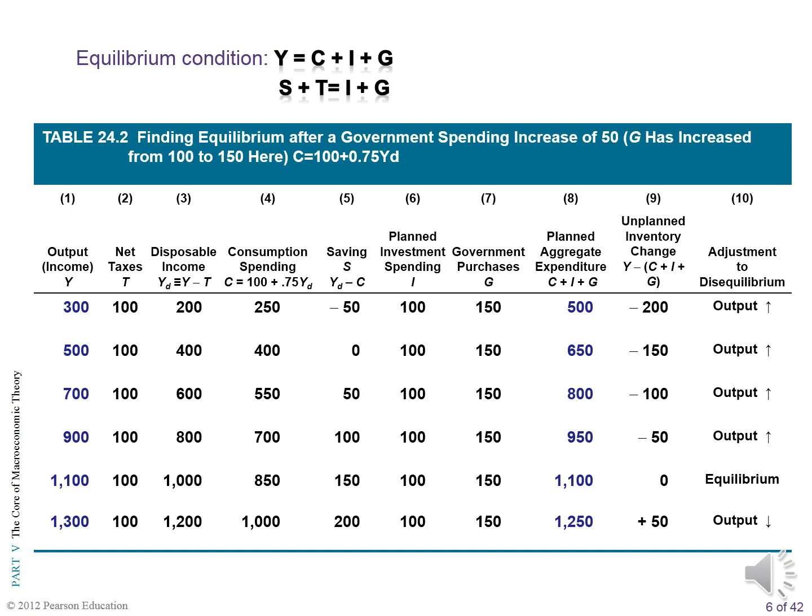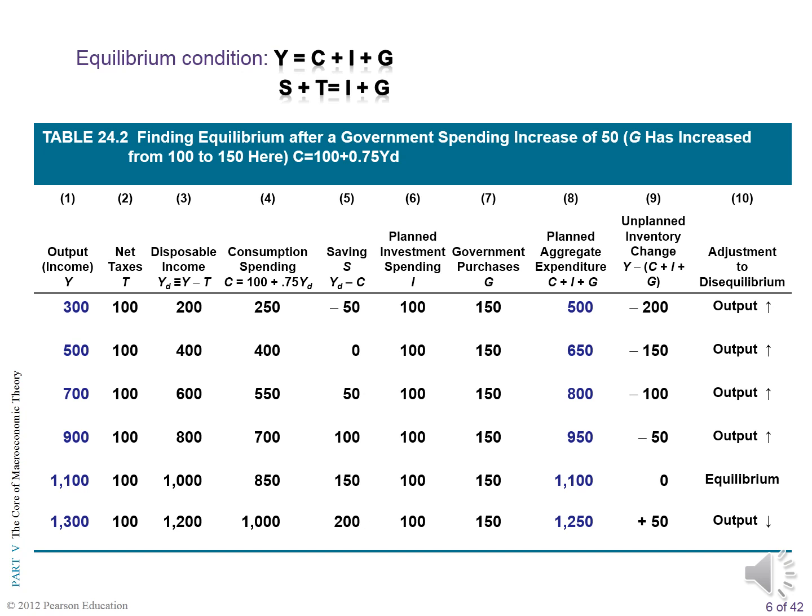Consumption is a function of disposable income, so it's 100 plus 0.75 times disposable income, meaning times 200, which gives 250. Are you with me? 100 plus 0.75 times 200 is 250. The next one: 100 plus 0.75 times 400 gives 400, and so on.